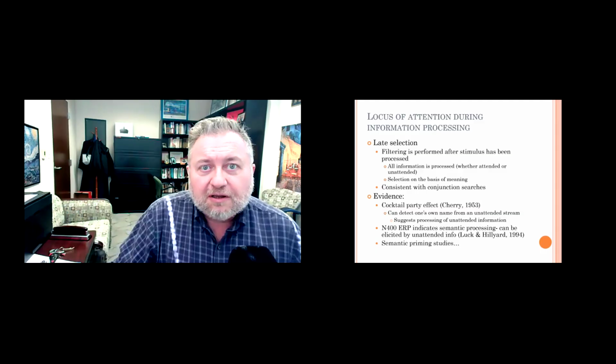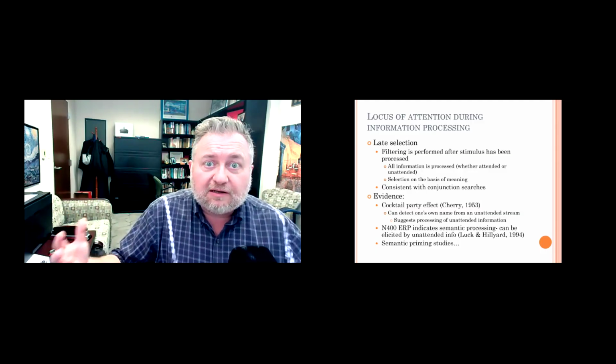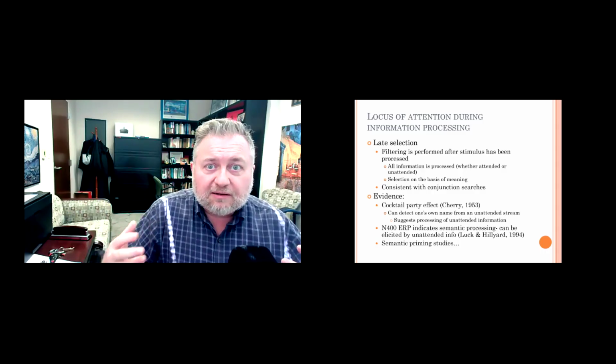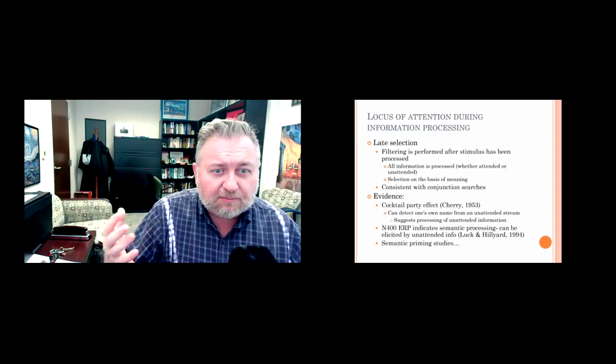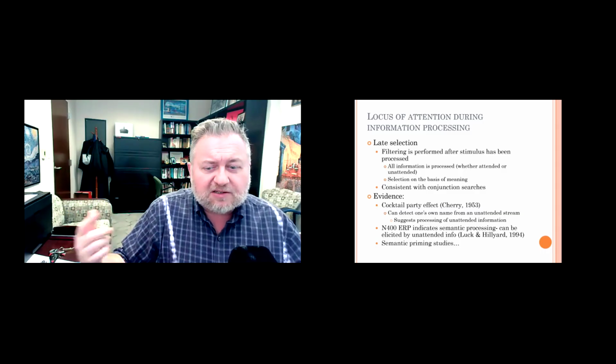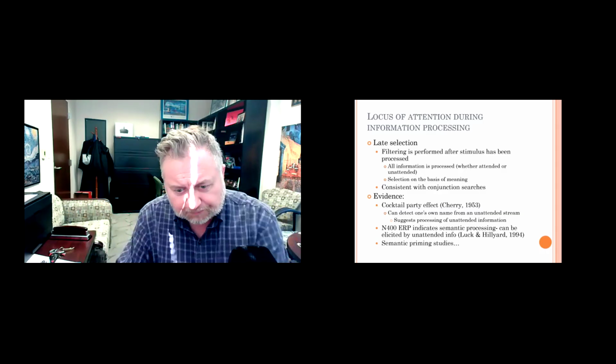And they do. So that again would suggest some sort of late filtering, right? Because the information is coming in, you're hearing the words, you're just not paying much attention to it after the meaning has been processed, unless it becomes something that really grabs you. In that case, that's hearing your name.